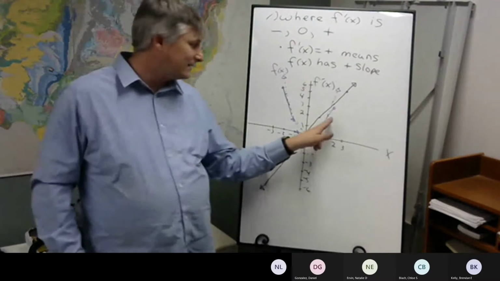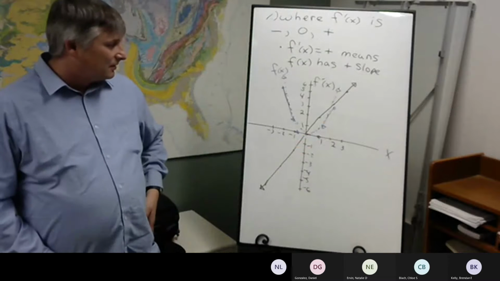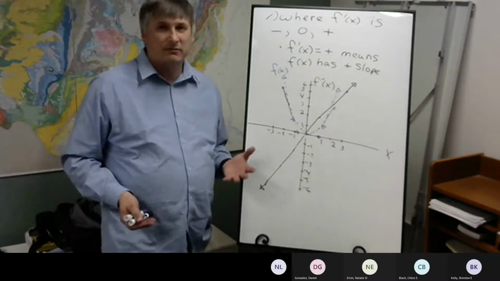It's a little hard to see when it's a tangent line with a positive slope. So that's one of the advantages of studying the graph of f prime of x.